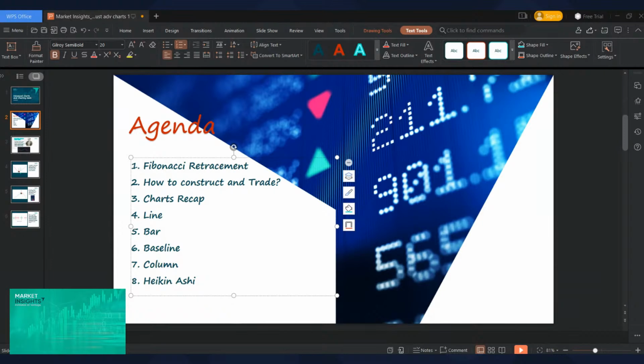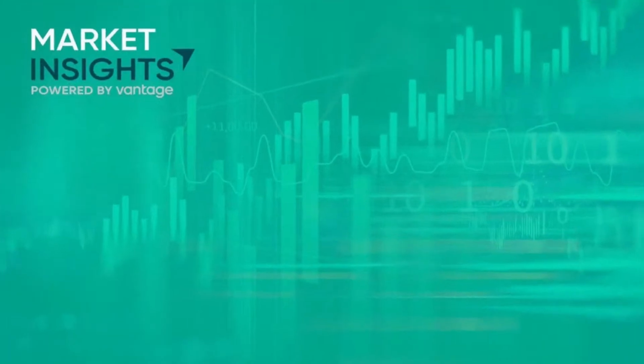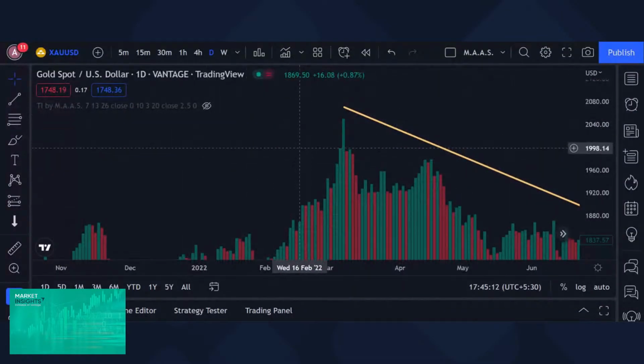Heikinashi is probably the thing many of you might be waiting for, to understand what exactly needs to be done. Okay, so let's start today's session. Let me just share screen with you guys. I suppose everyone can see this chart, right?